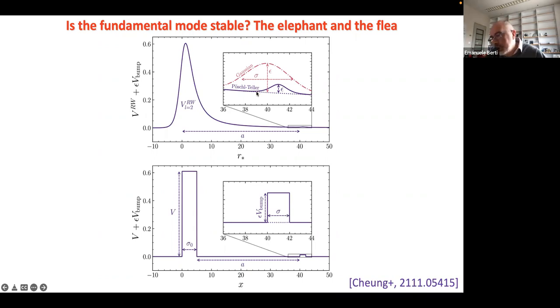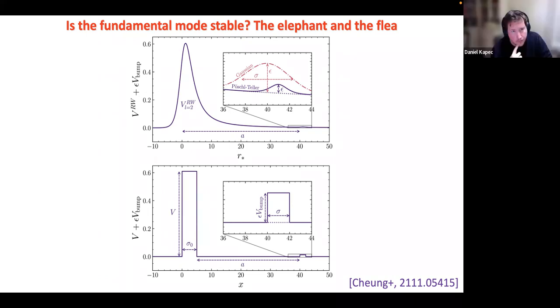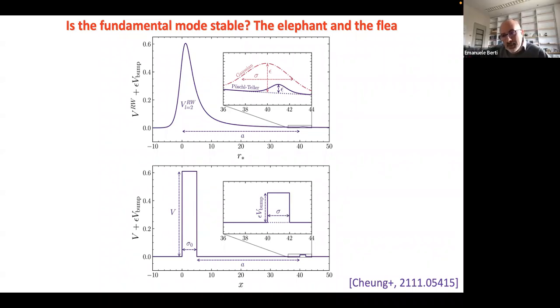Why? Because remember that the quasinormal mode eigenfunctions in r blow up exponentially. They are not a complete set. In fact, they are not L2. So because the quasinormal mode eigenfunctions blow up exponentially, a bump of the same amplitude located very far from the black hole is actually more efficient at destabilizing the spectrum.